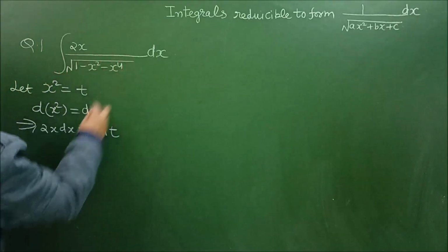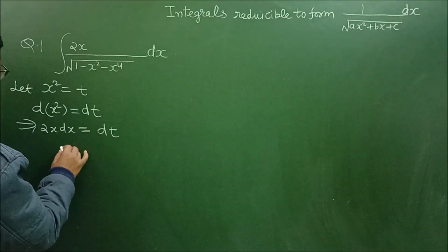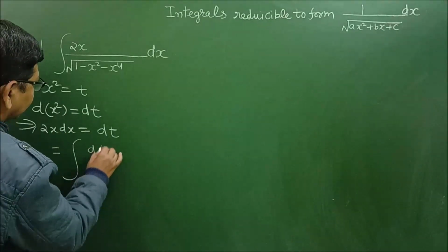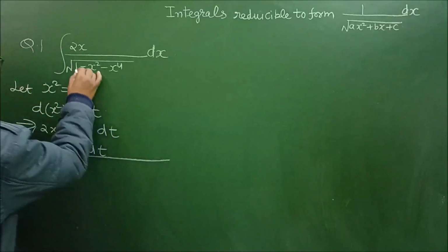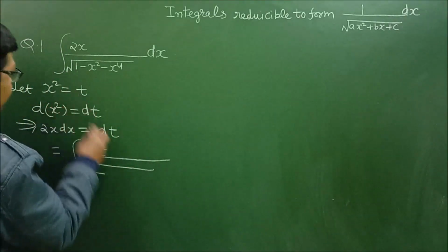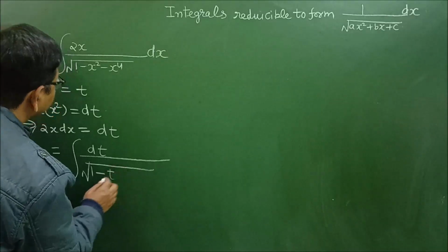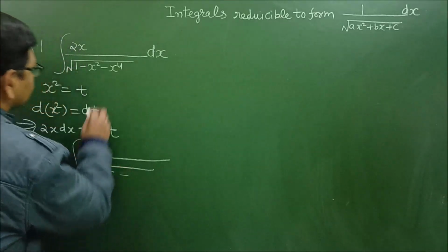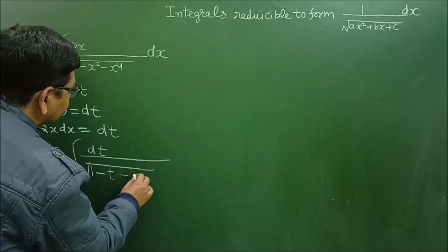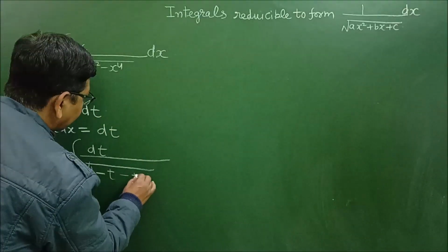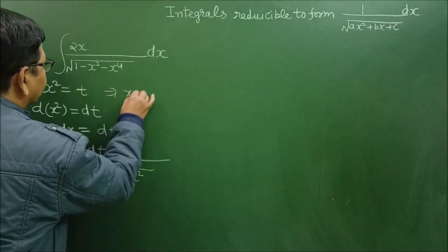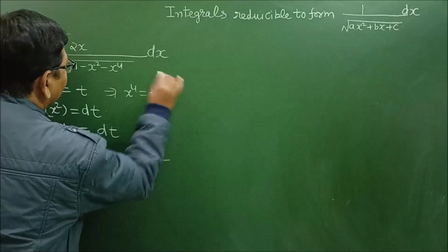Now in the numerator, if I replace 2x dx by dt, then this integral reduces to the integral of dt upon under root of 1 minus x square, which is t, minus x⁴, which is t square, because x square is equal to t implies that x⁴ is equal to t square.